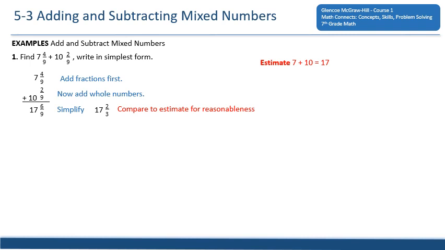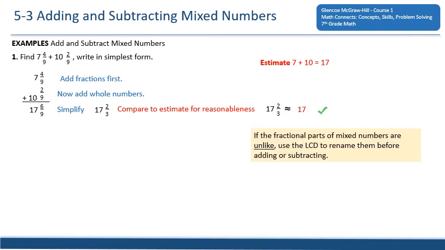Compare to the estimate for reasonableness. The estimate was 17. We have 17 2/3, and that is okay. If the fractional parts of mixed numbers are unlike, use the least common denominator to rename them before adding or subtracting.